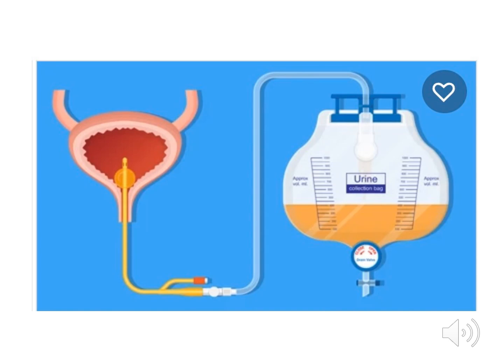That is now raising that bag above the level of the bladder, and urine's going to go backwards back into the body. So now you have reflux and increased risk for infection. So anytime you have urine going backwards, that's not a good thing.